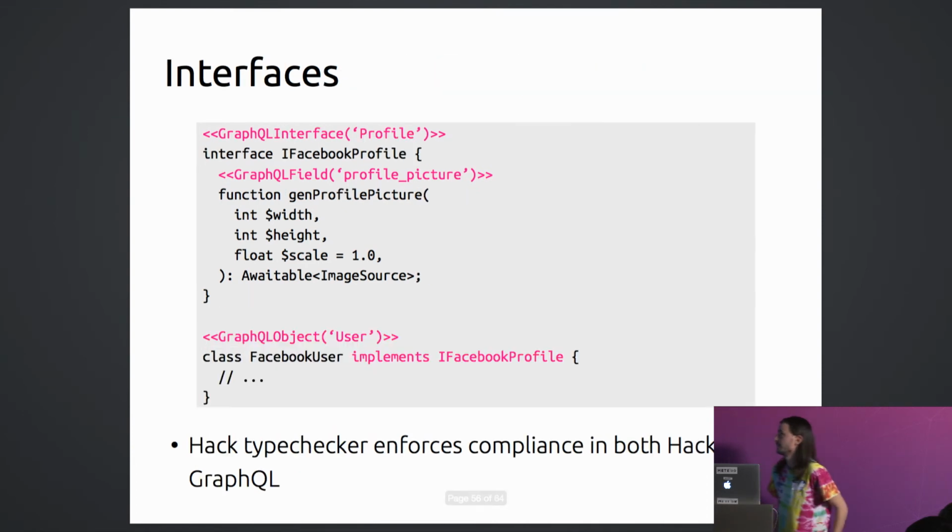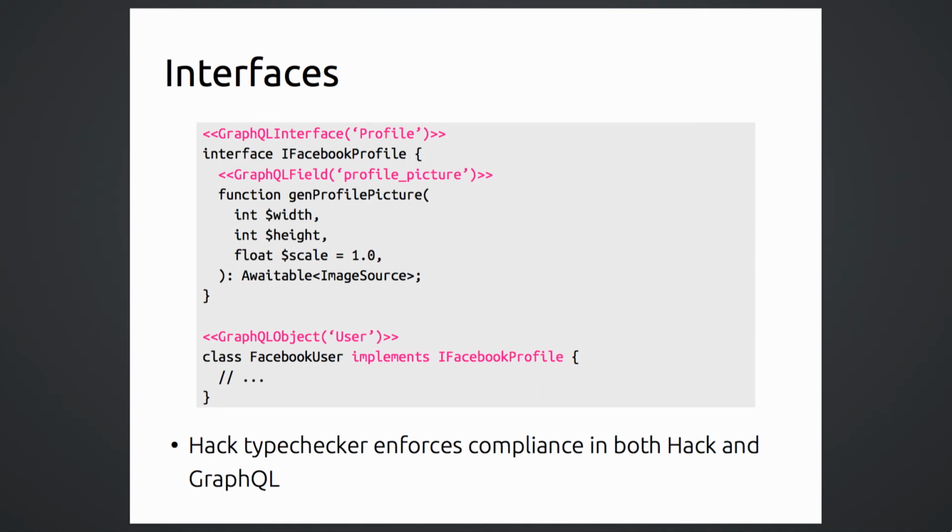And we can take this even further. We can implement things like interfaces. So if we annotate a Hack interface so that it becomes a GraphQL interface, then any Hack class that implements this interface, if it's annotated as a GraphQL type, that would mean that GraphQL type also has to implement the respective GraphQL interface.